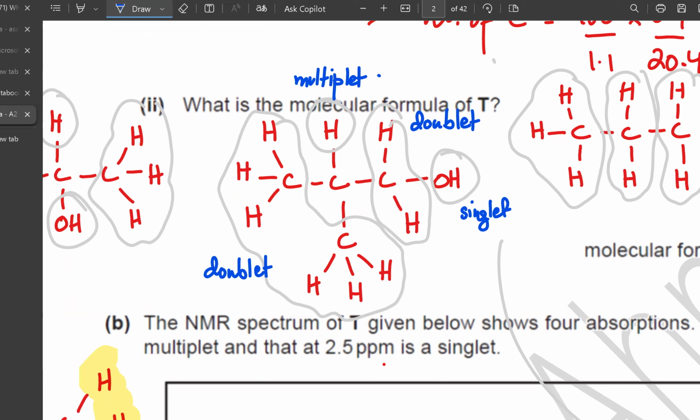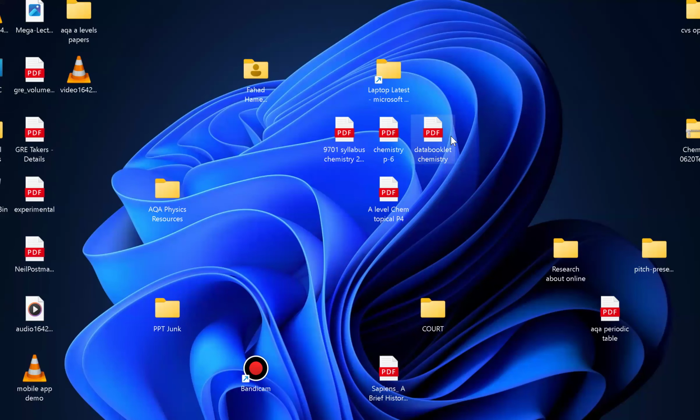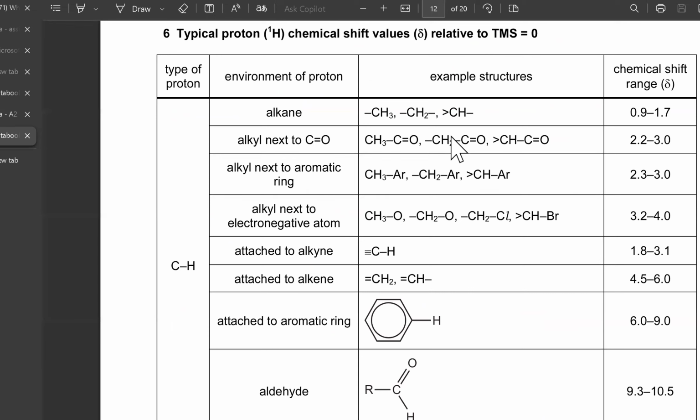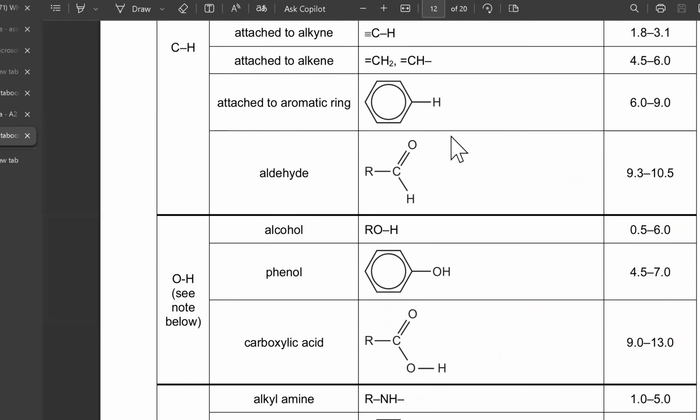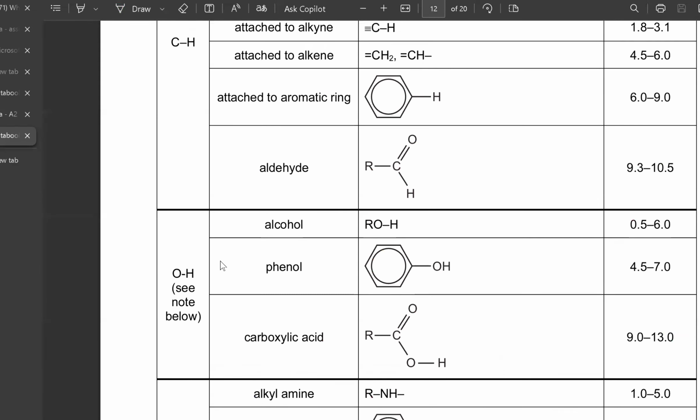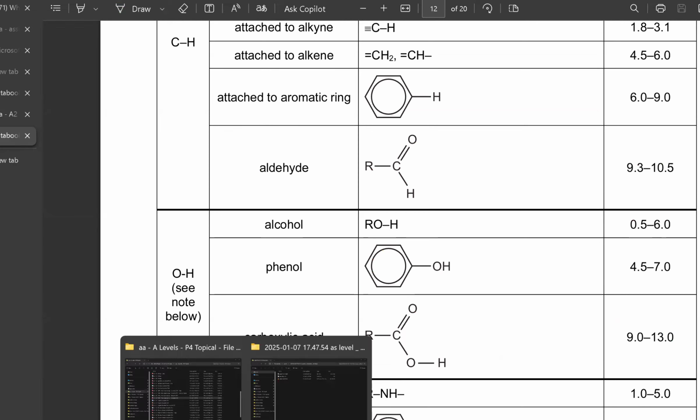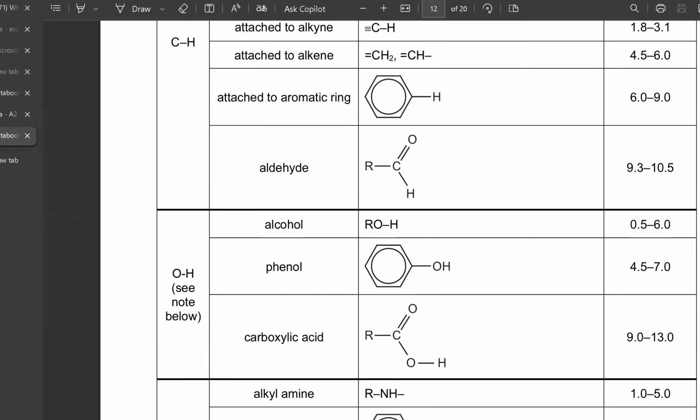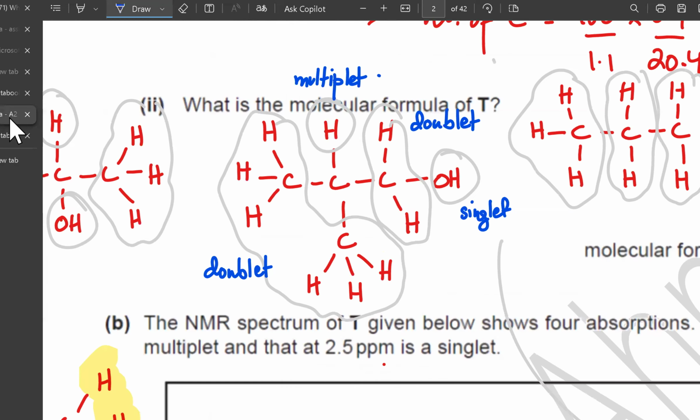But this is overkill. Most of the time you don't need to open this. So the alcohol OH, what is the range? It's 0.5 to 5.26, which is a very large range.